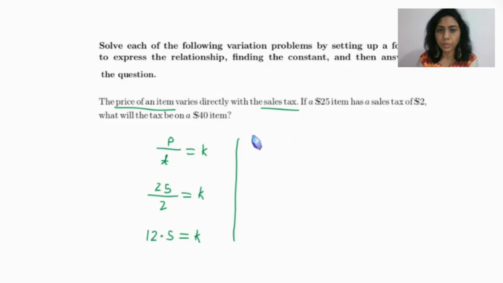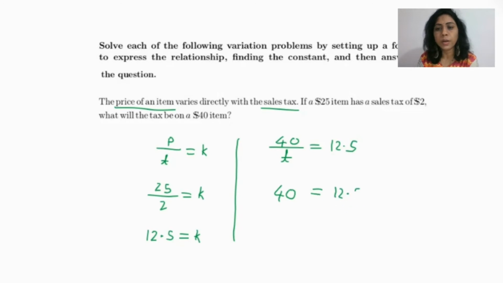So here we have to find the tax. What is the P value? P value is 40. Now P divided by T, and we have to find T. The K value we already found, which is 12.5, and now T is in the denominator, so on the other side we multiply.